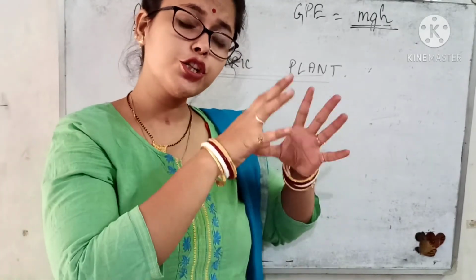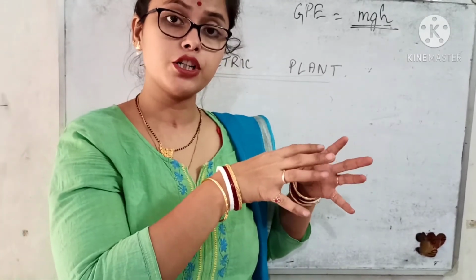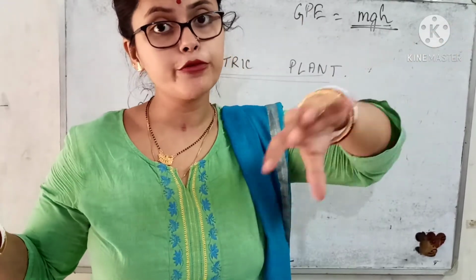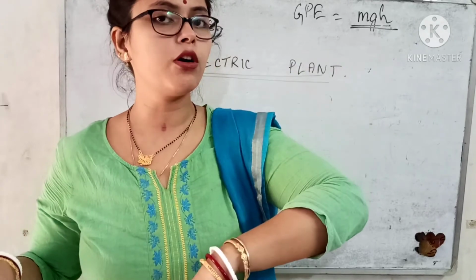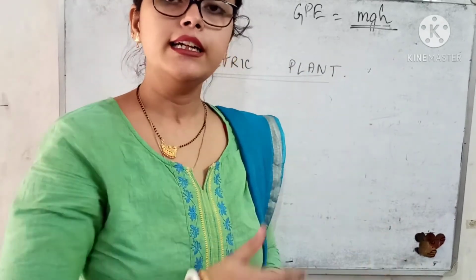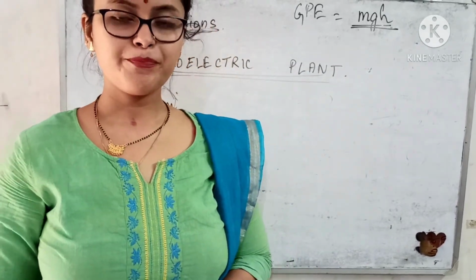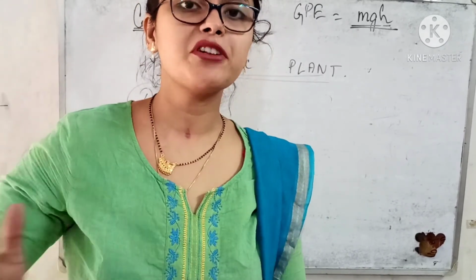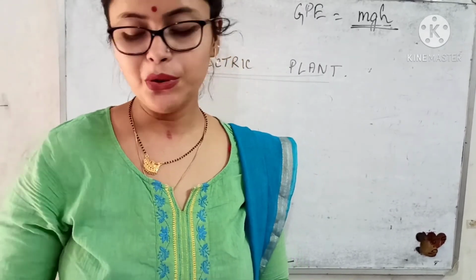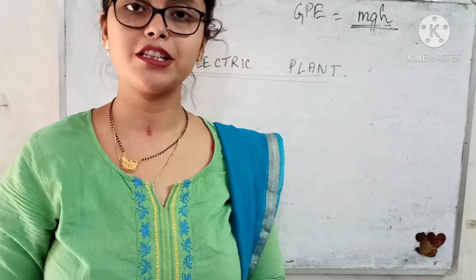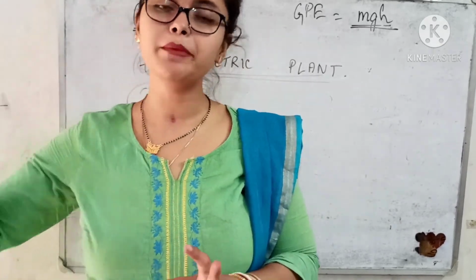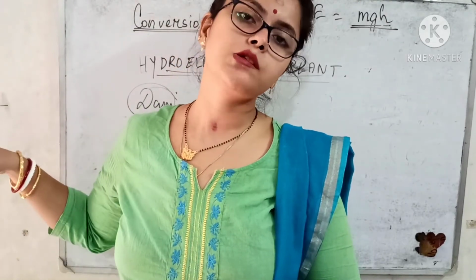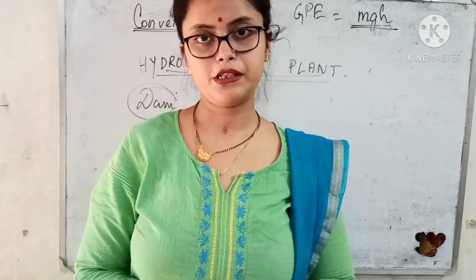And that much huge amount of gravitational potential energy will get converted to kinetic energy when it is made to flow. And that flowing water, when falls on the wheels of the turbines along with the shafts, ultimately gets converted to electrical energy, which is transmitted through the transmission wires and ultimately provided to the end users, that is to the houses or to the small scale or large scale industries.